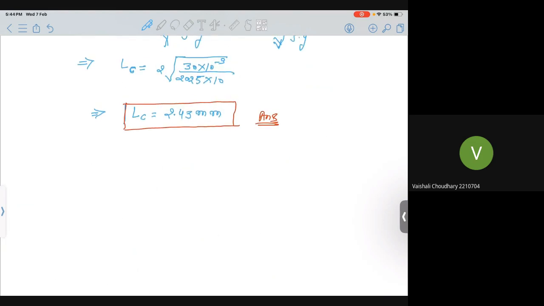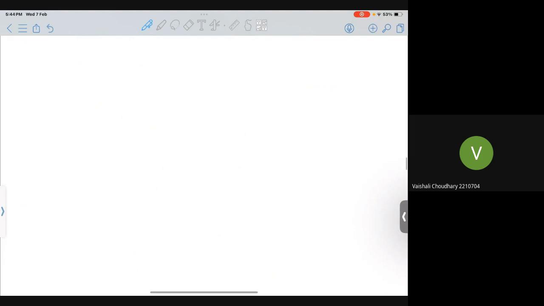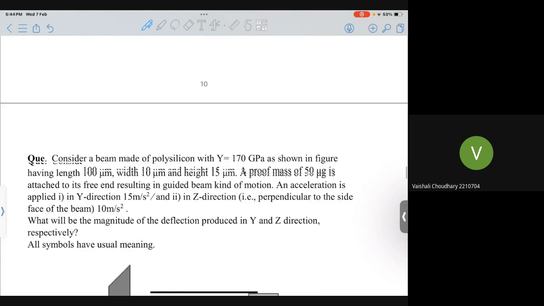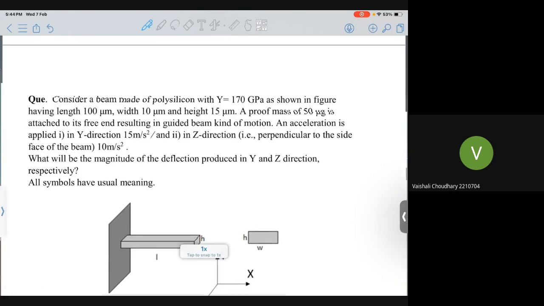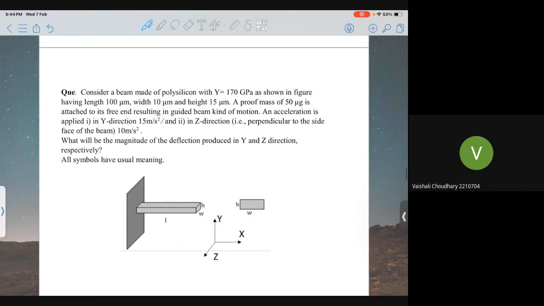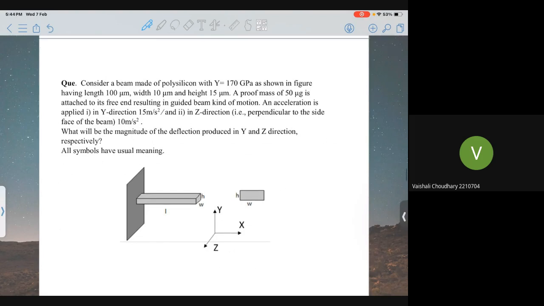Now we'll move on to the next problem. So in this problem, consider a beam made of polysilicon with Young's modulus of 170 gigapascal as shown in the figure, having a length of 100 micrometer, width of 10 micrometer, and height of 15 micrometer.